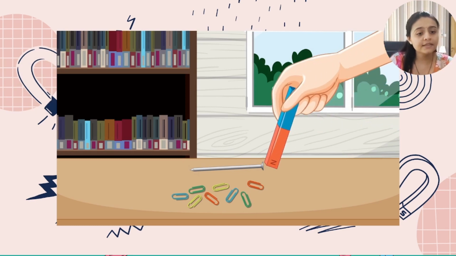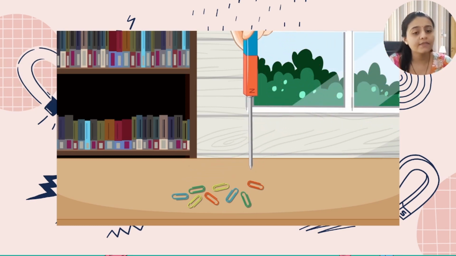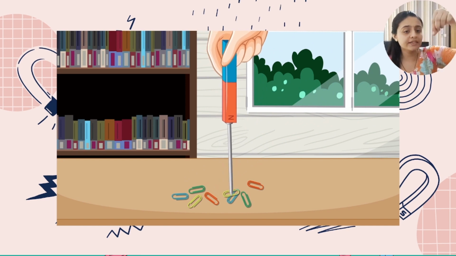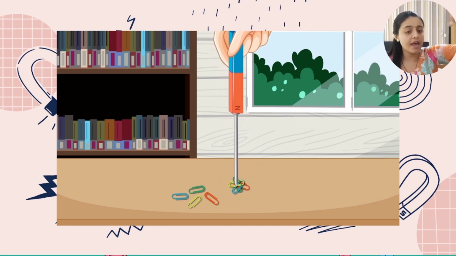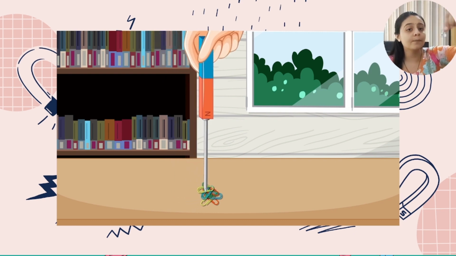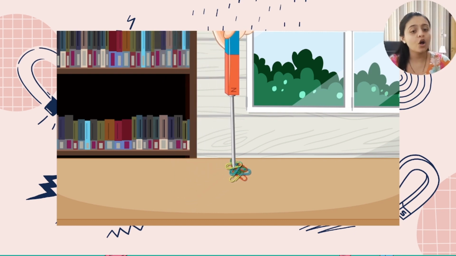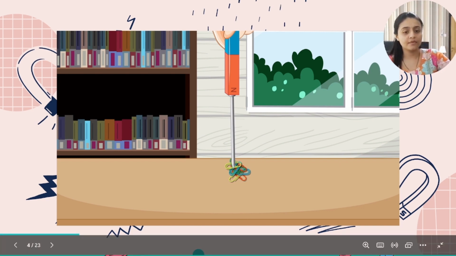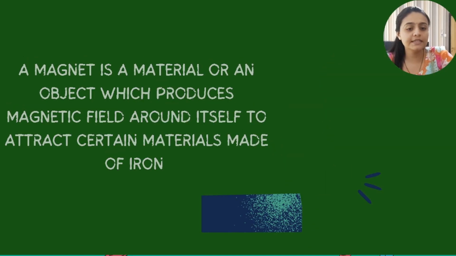See, this is a magnet, and with it, it's holding that iron piece, and that iron piece acts as a magnet, sticking to all the paper pins. All the paper pins are collected by this magnet. We will see it again.